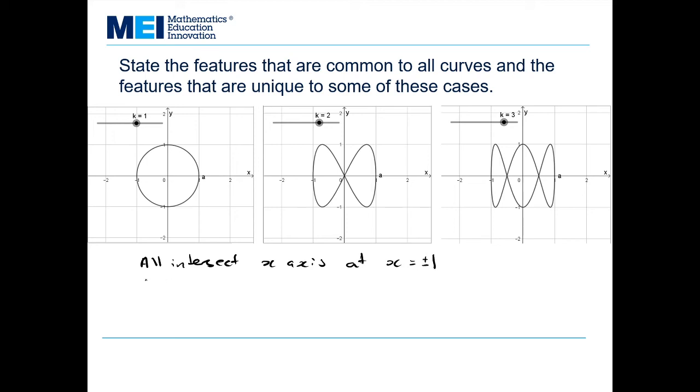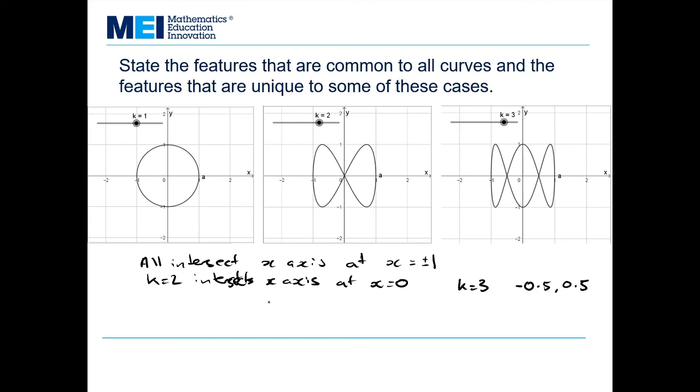And then in addition, I've got that k equals 2 intersects the x-axis at x equals 0, and I've got that k equals 3 intersects the x-axis at minus 0.5 and 0.5.